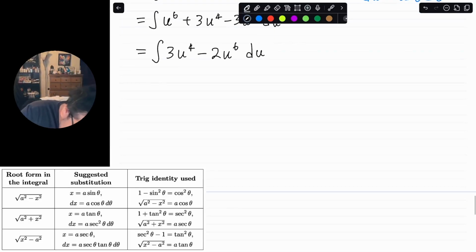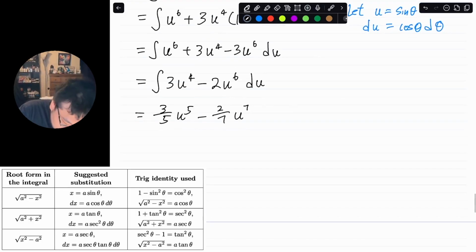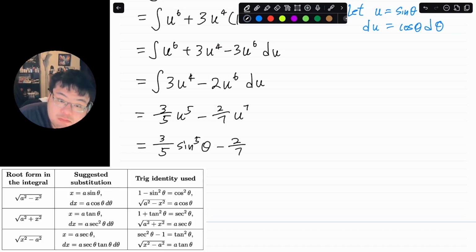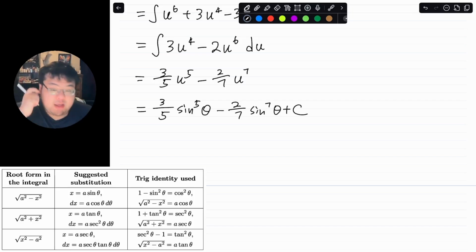This will be 3/5 u to the 5th minus 2/7 u to the 7th power plus c. But what is u? U is sine theta, so we'll have this as the answer. Of course, we're not done yet.